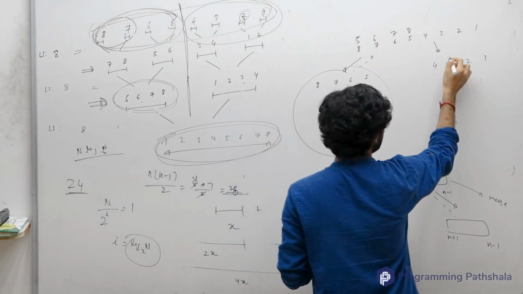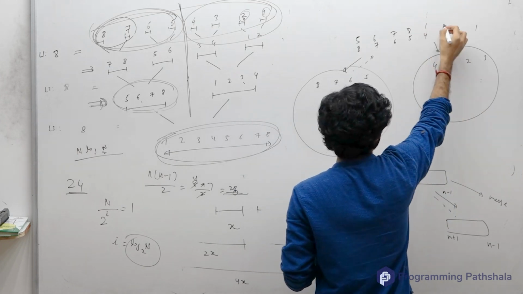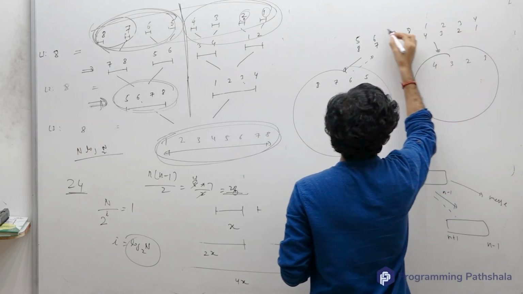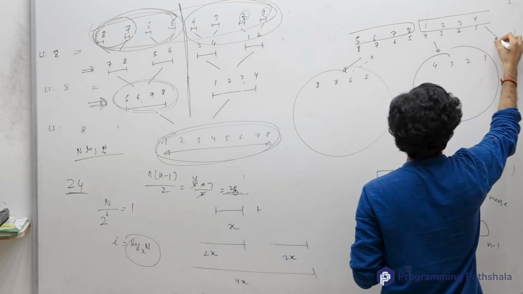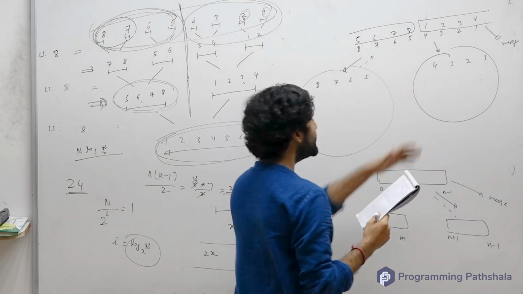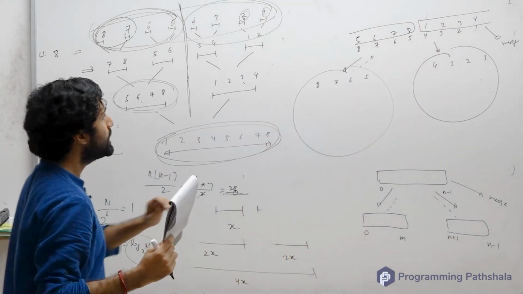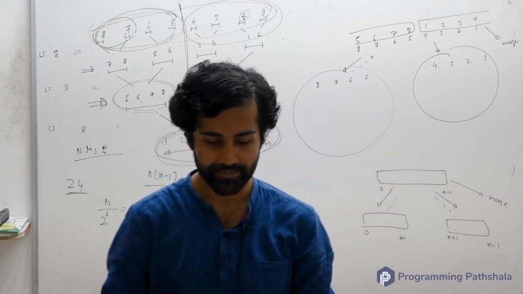The same happens for the other half. Now both parts are sorted, so the last thing to do is merge them, and it can do that in linear time. Because each is n by 2, merging them is order of n.